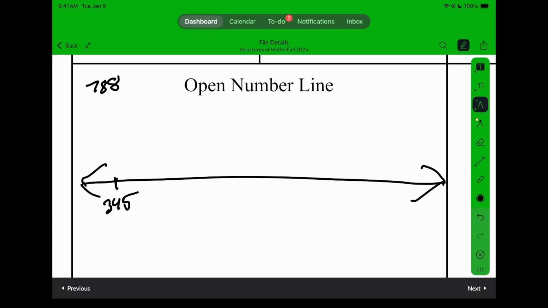But what we can do is add 700, which brings us to 1,045. Then, to make it a nice number that ends in 0, just right here, very quickly, plus 5.